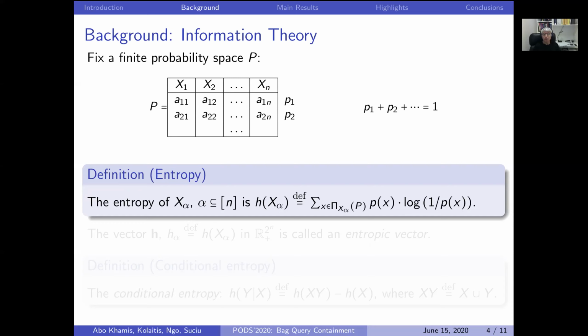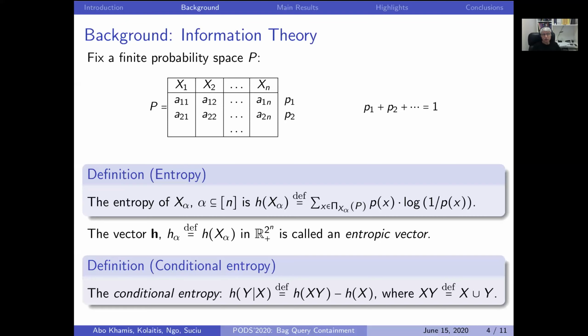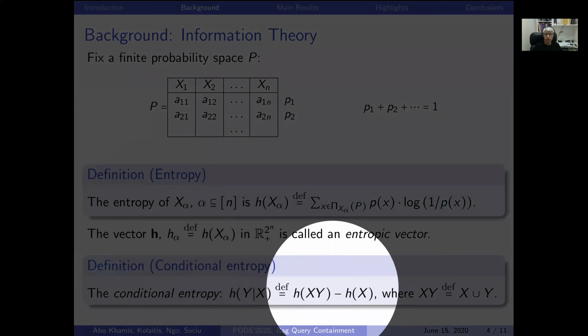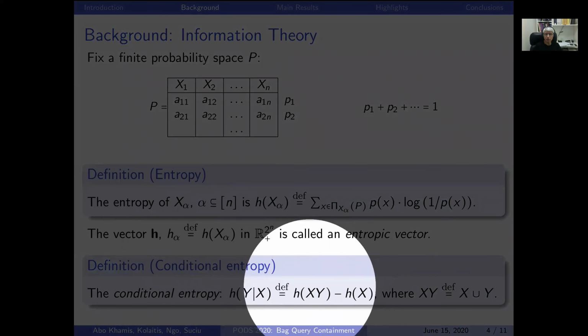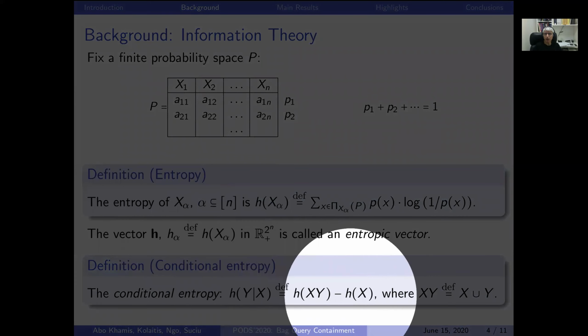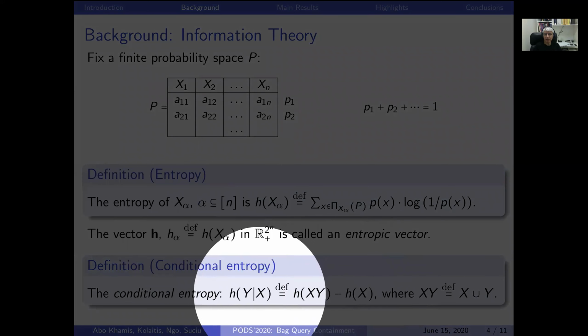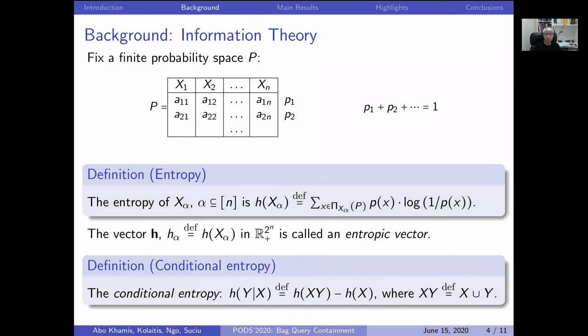There are 2 to the power n possible subsets of the variables x1, ..., xn, which gives rise to 2 to the power n values of the entropy, and together they form a vector which is called an entropic vector. We are going to denote it with a bold H. In addition, we are going to use the notation of the conditional entropy, which is just a difference between two entropic terms, namely the entropy of all the variables in x and y minus the entropy of the variables in x on which we are conditioning.